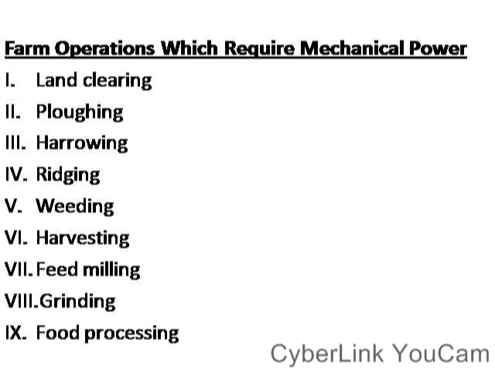Feed milling, there are machines that mill the feed that is consumed by animals. And grinding, for example, in our localities we have machines that grind pepper. For food processing, there are machines these days that can peel cassava. This reduces the stress of farm labor.